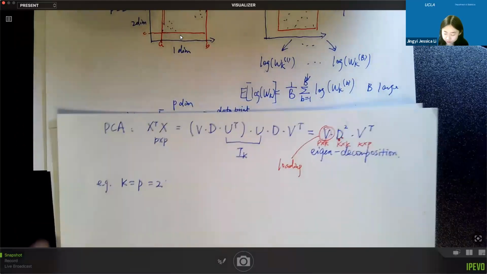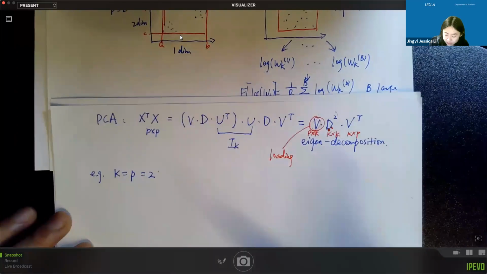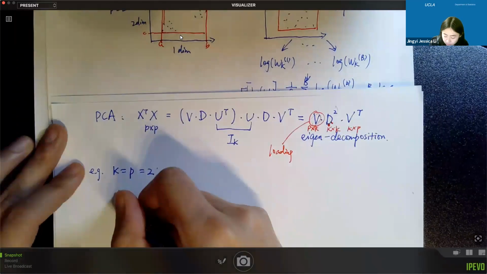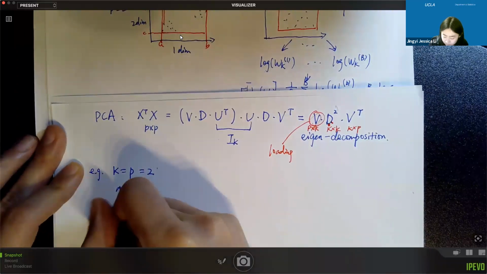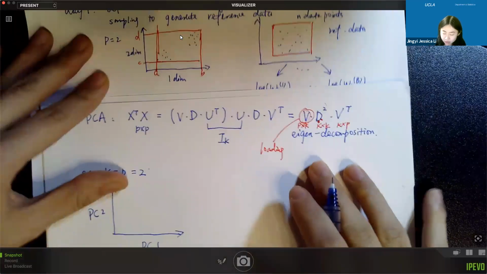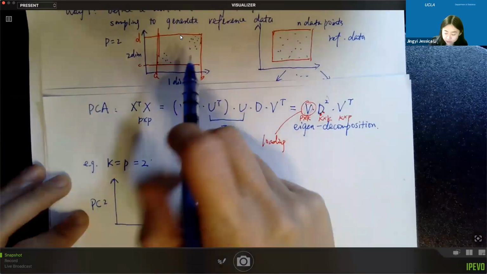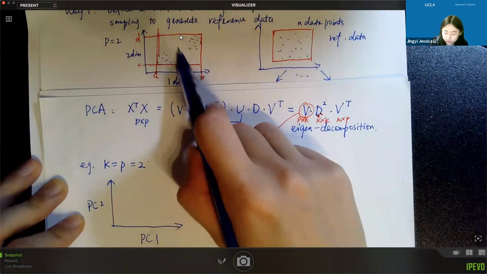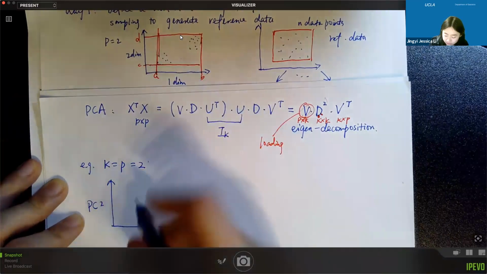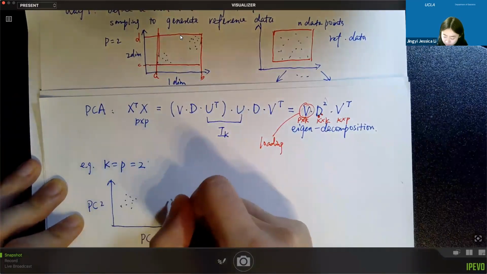So it's basically a rotation. In the new dimension, the first meaningful dimension will be this way, and the second one is orthogonal to it, so it's this way.